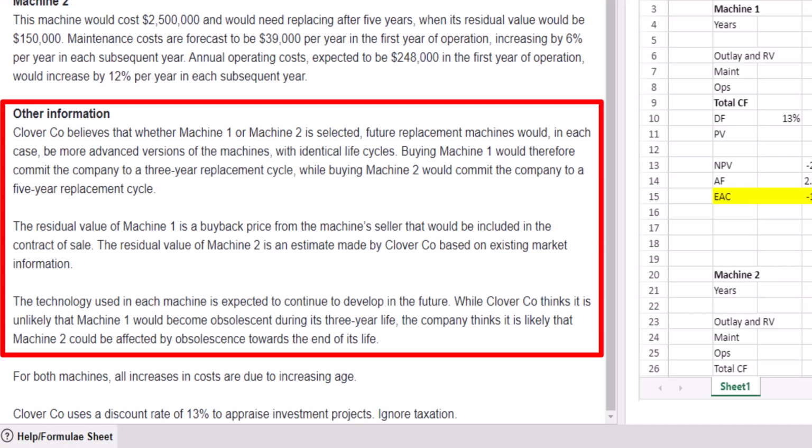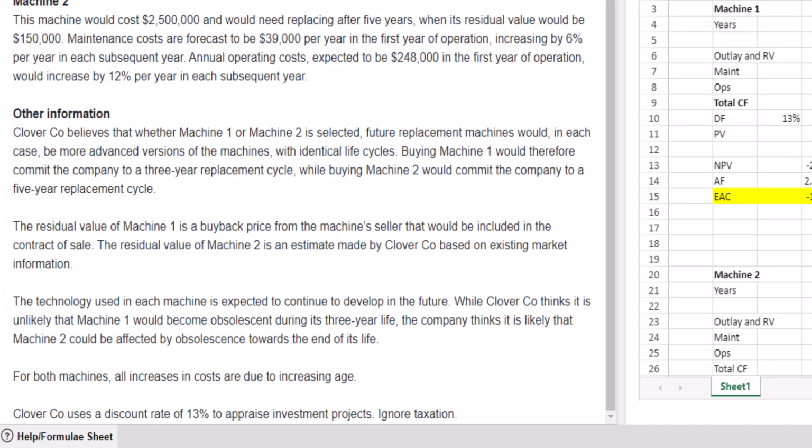You haven't used it in part 1, so you must be using it now in the discussion. It is not going to get many marks for you to just say the financial justification, which is to go with machine 2 because of the lowest equivalent annual cost. We need 3 further points to get those 4 marks.